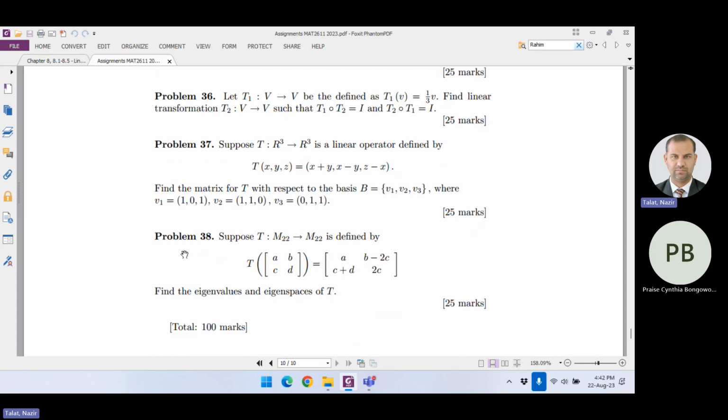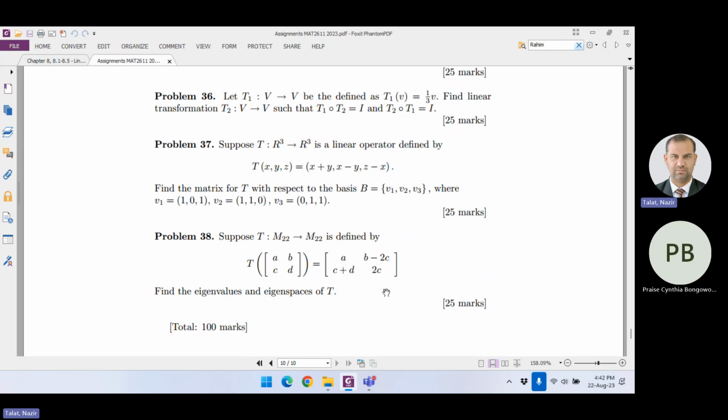And problem number 38 deals with T, a linear transformation from M2 to M2, which is in that form. Then find the eigenvalues and eigenspace of T. Eigenspace means the corresponding eigenvectors. As it's a 2 by 2 matrix, one can simply get the eigenvalues and eigenvectors in general in terms of a, b, and c.